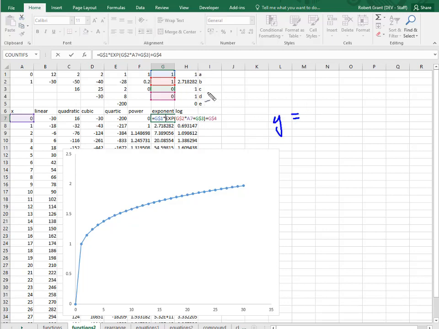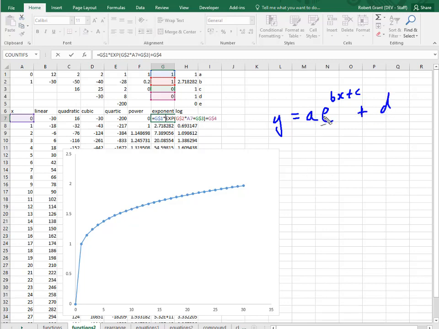y is equal to what from these coefficients? It's going to be a as a multiplying parameter times e to the power of bx plus c, and then plus d.